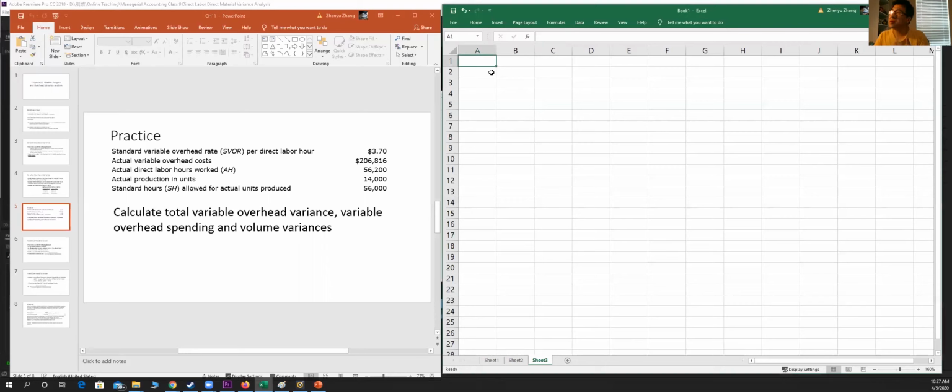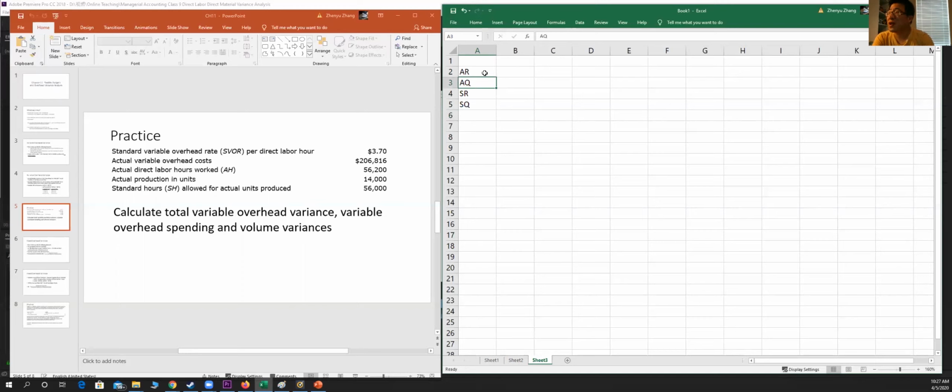So to do this, we need a few things. What do we need? We need the actual rate of overhead. We need the actual quantity of variable overhead. We need the standard rate of variable overhead, and we need the standard quantity of variable overhead. And let's see what information we have in place already.